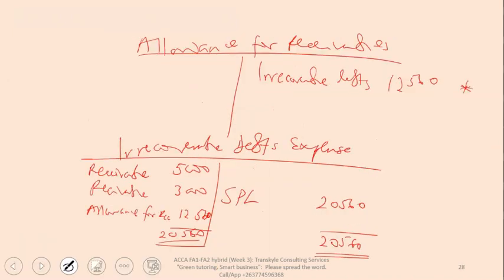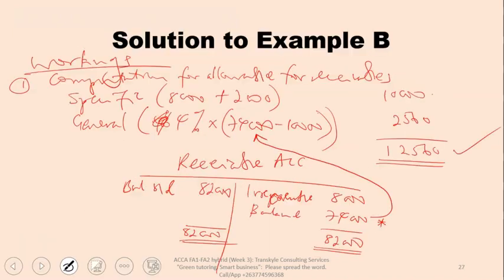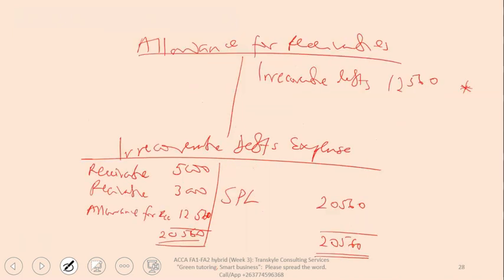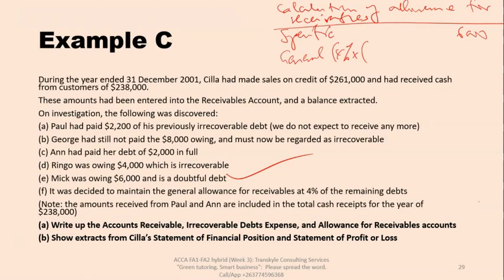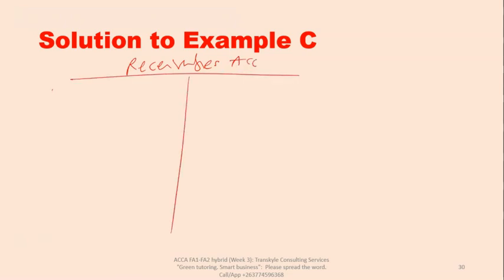But we need now to see if we can make something out of that. So we have got our information here. Let us just have a receivables account here. The balance BD was 74,000.